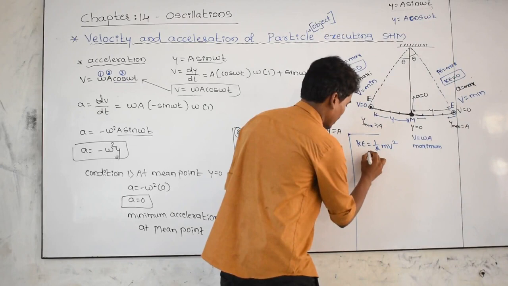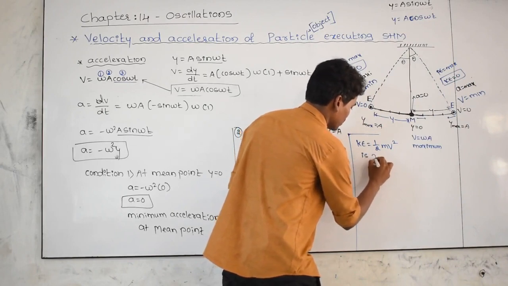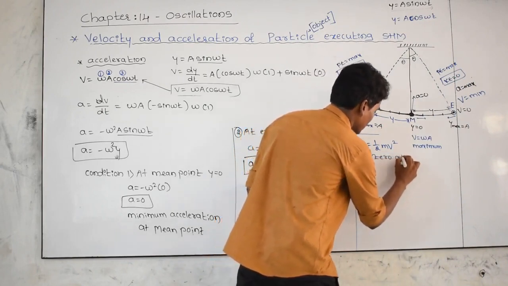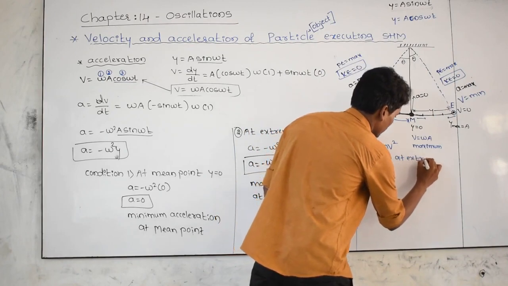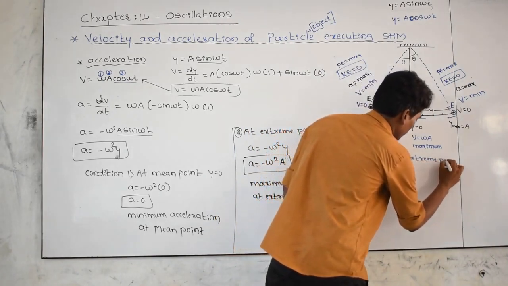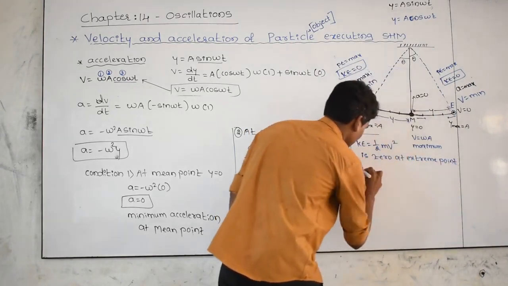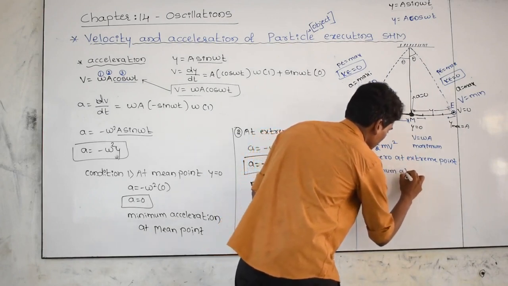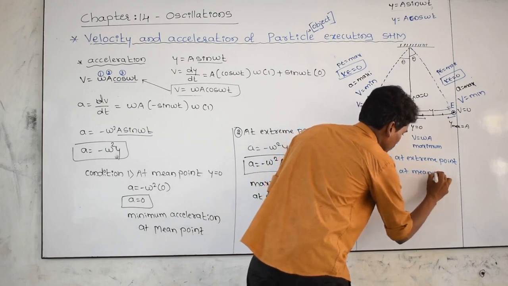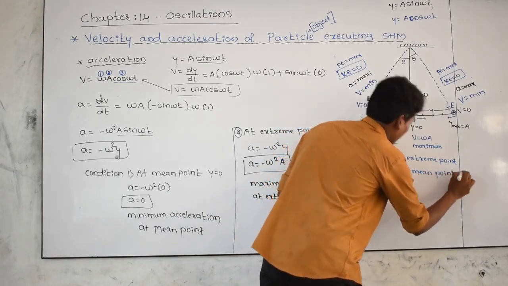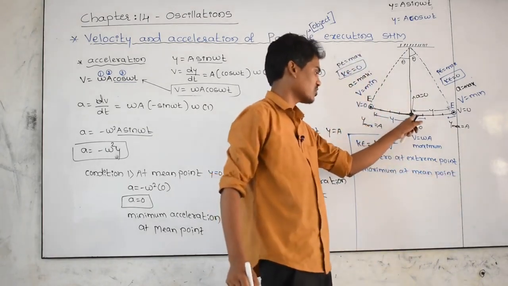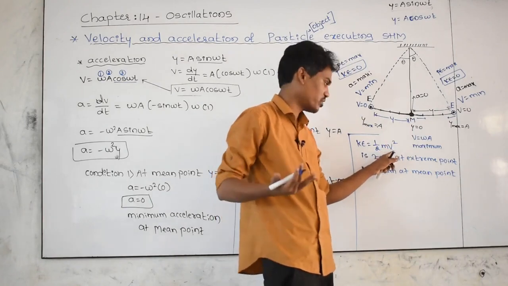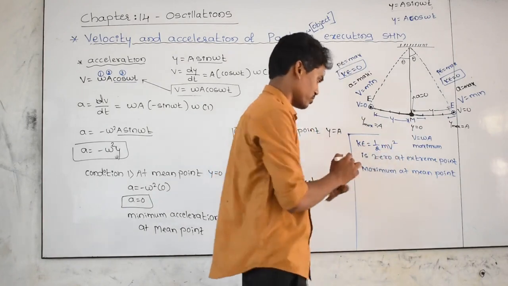Kinetic energy is 0 at extreme point, and maximum at mean point. At this point velocity is maximum, substitute here, velocity is maximum, that's why kinetic energy is also maximum.